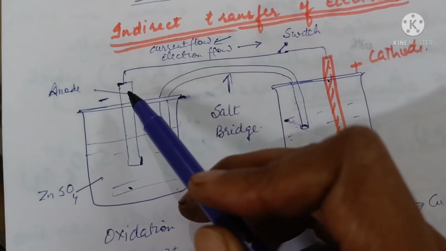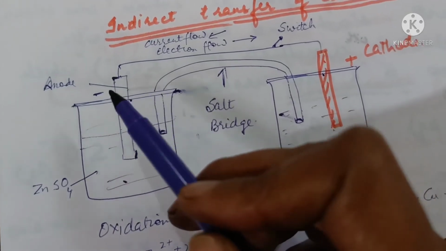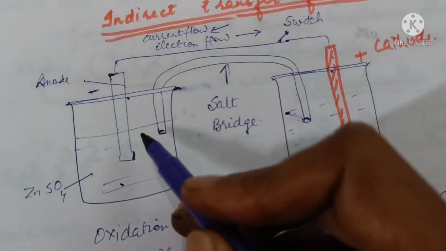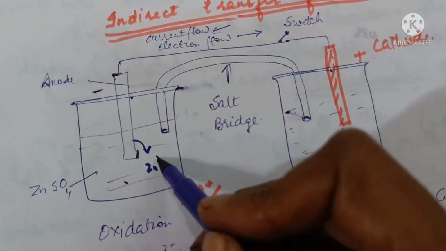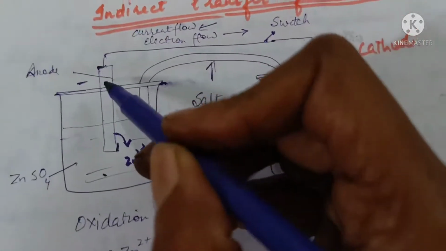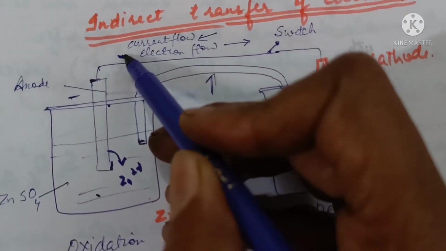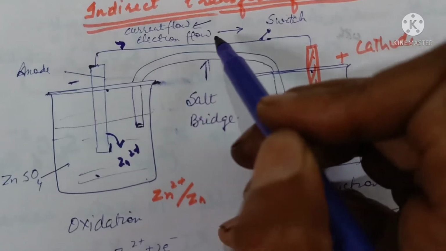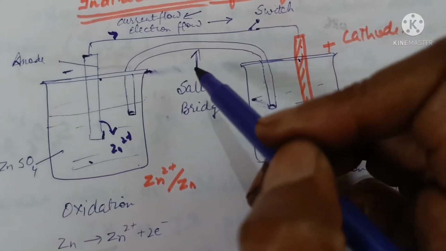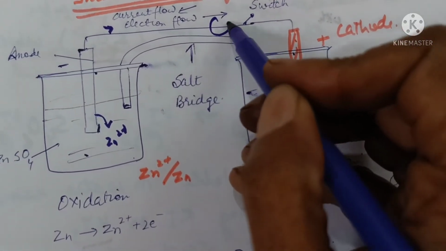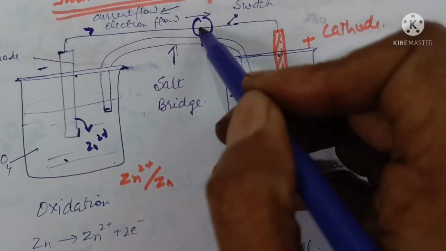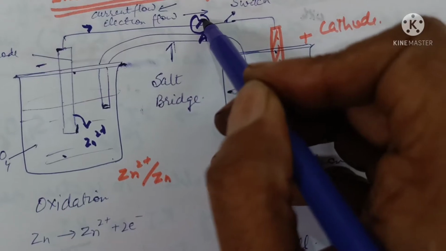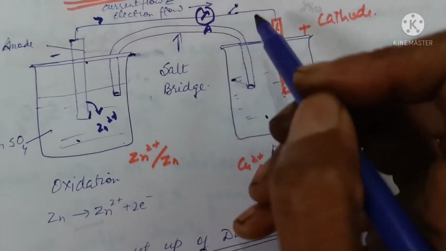As zinc has greater tendency to give electrons, it will give electrons and come into the solution as zinc ions. The electron that it gives will move through the metallic wire in the form of electric current. So if we connect an ammeter here, it will show passage of current or flow of electric current.